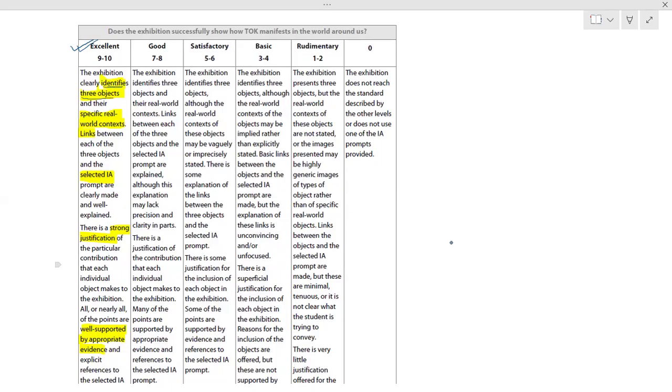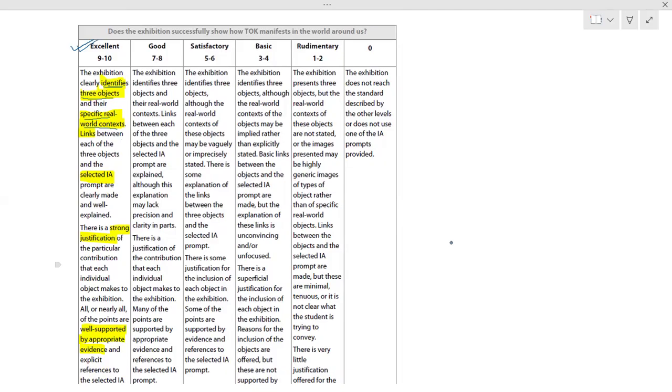So when you decide your 3 objects, you have clearly identified, and their specific real world context. So what is the connection in the real world? How does it link to an example from the real world?